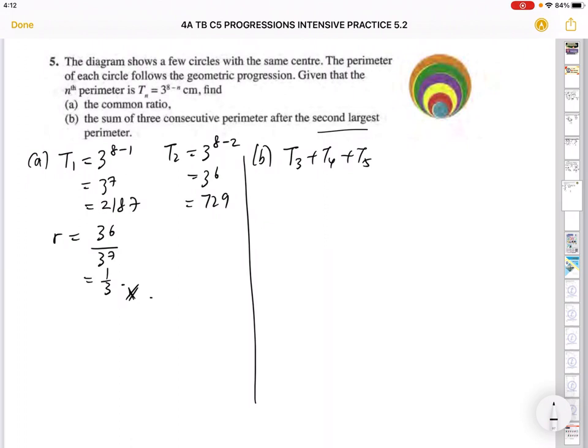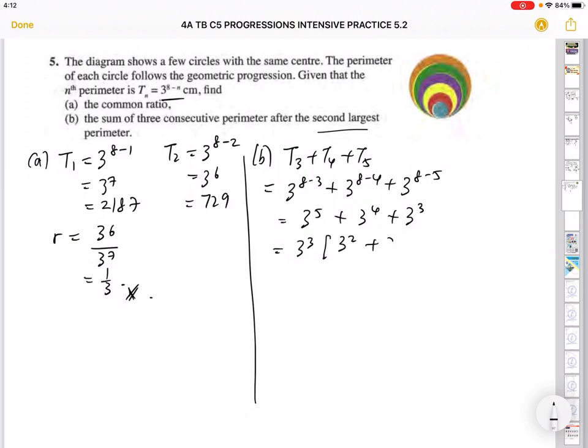So what I would prefer to do is, I know T3 is 3 power 8 minus 3. T4 is 3 power 8 minus 4. T5 is 3 power 8 minus 5 based on the formula here. So this is 3 power 5, 3 power 4, and 3 power 3. So I can just take out 3 power 3. You write 3 power 2, 3 power 1, 3 power 0.